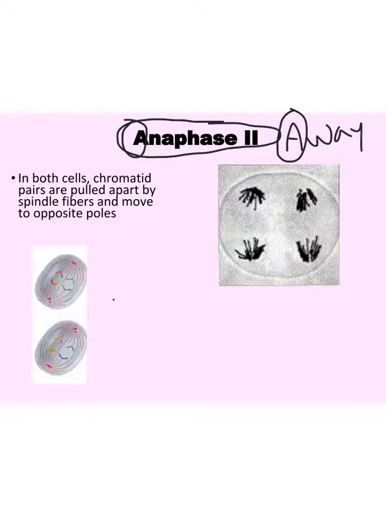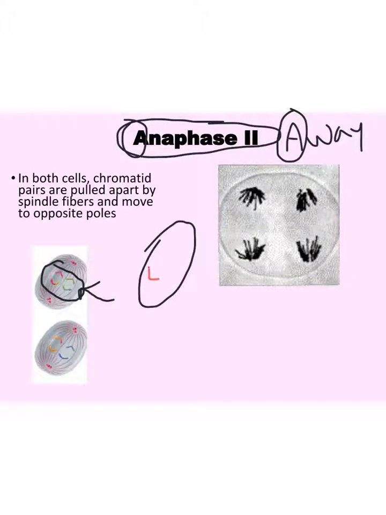Now remember, the way you can tell the difference between anaphase 1 and anaphase 2 is that here in anaphase 2, the sister chromatids have been ripped apart from each other. So if this was anaphase 1, it would look more like this.